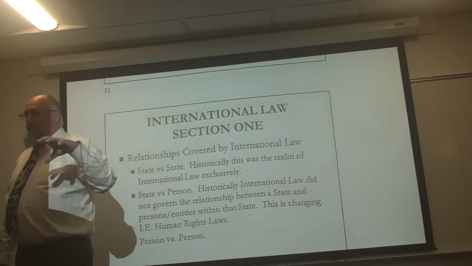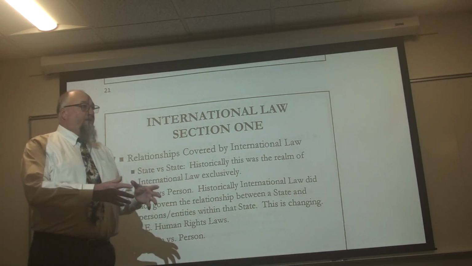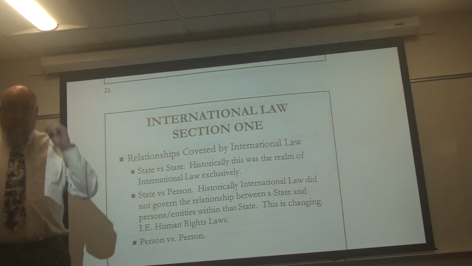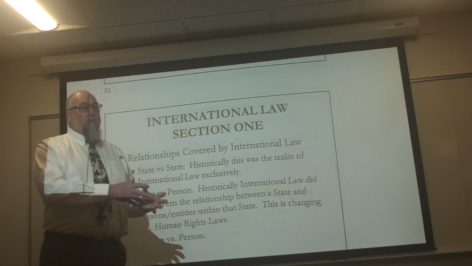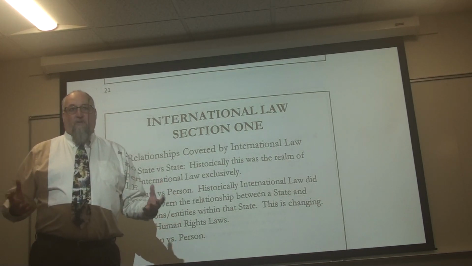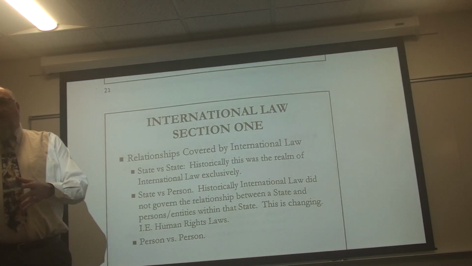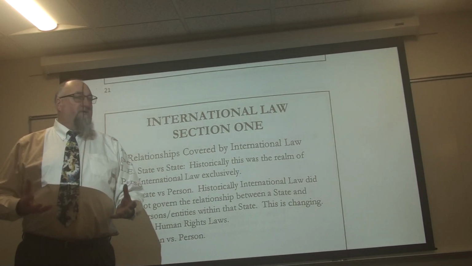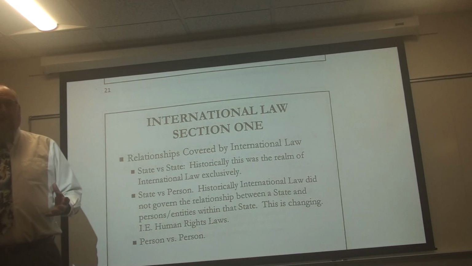The idea is that if you're sovereign, you control your territory. That's the whole definition of sovereignty. And if another sovereign or a group of sovereigns can essentially tell you what to do within your own borders, then you're not really sovereign to begin with. You're something other than sovereign.